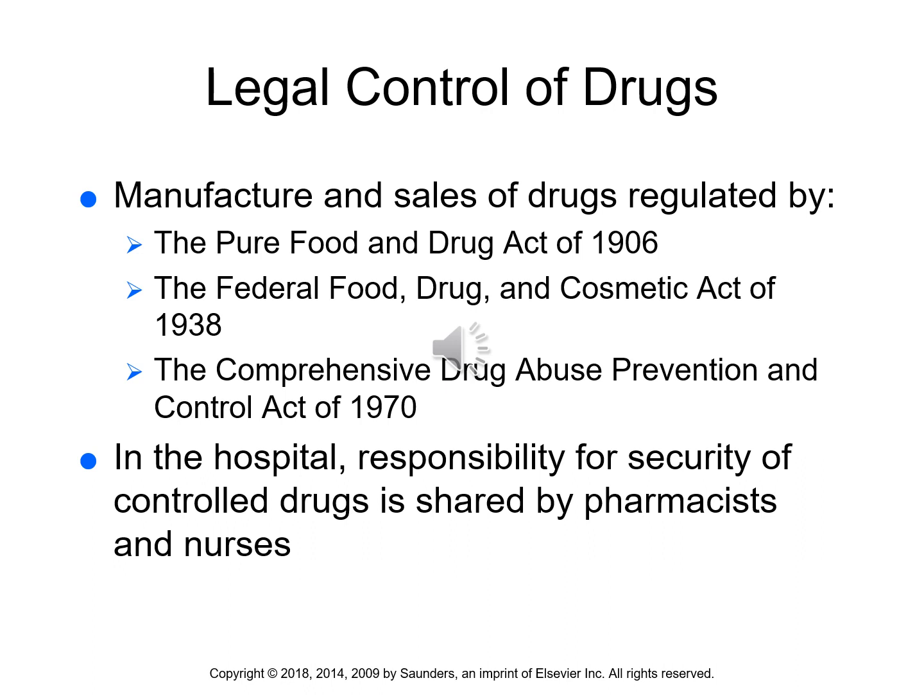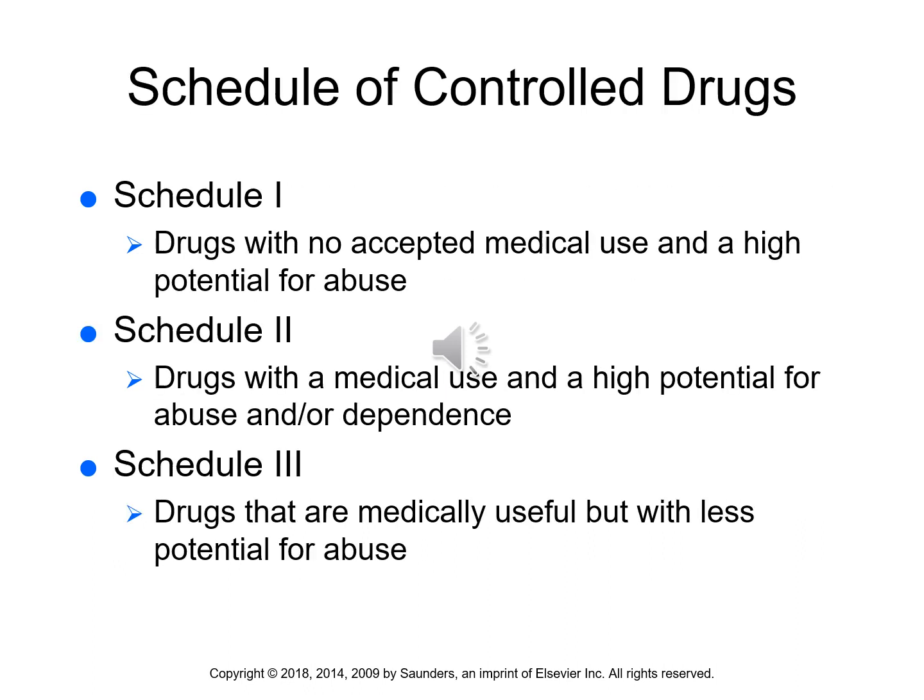One thing I want you to keep in mind: in a hospital, the responsibility for the security of controlled drugs, like your narcotics, is shared by the pharmacists and the nurses. So you'll have some responsibility in helping ensure the security of those controlled substances.